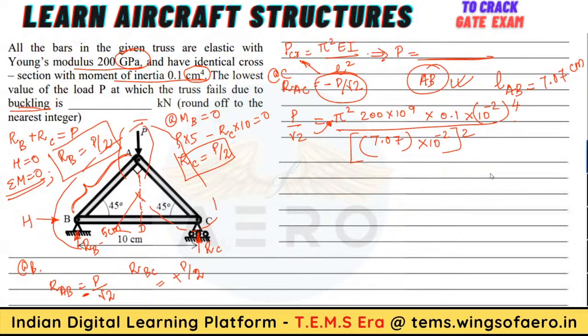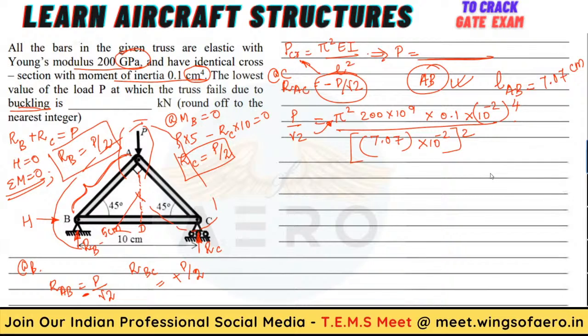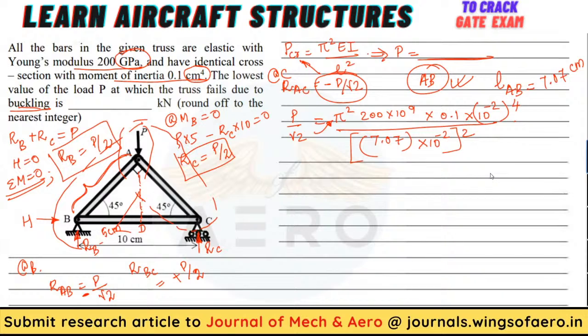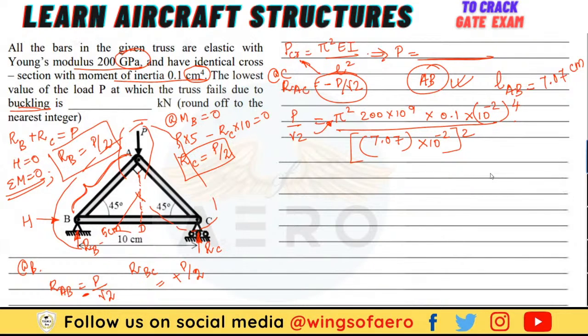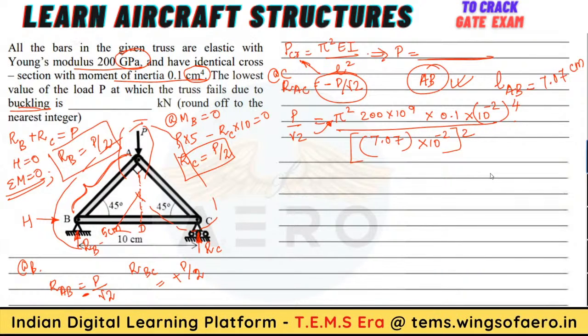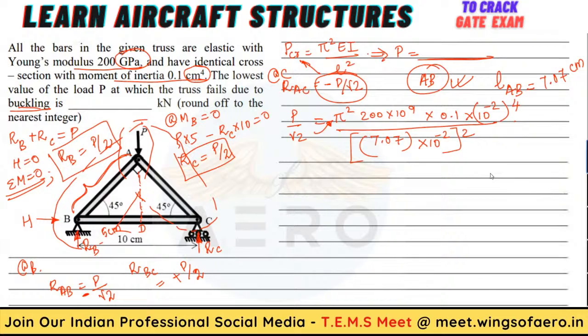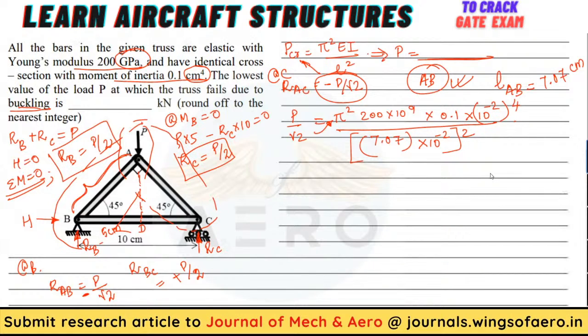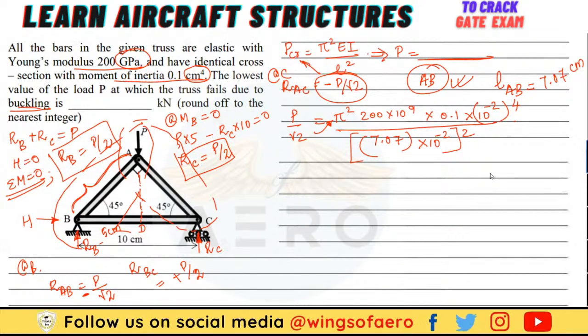In a column we have four end conditions: both ends hinged, one end fixed and one end hinged, one end fixed and one end free, and both ends fixed. These are the four end conditions we have in the column. So here we cannot consider this as a column. They have just said this truss is going to fail due to buckling. So we are going to use Euler's equation alone. Could you follow?